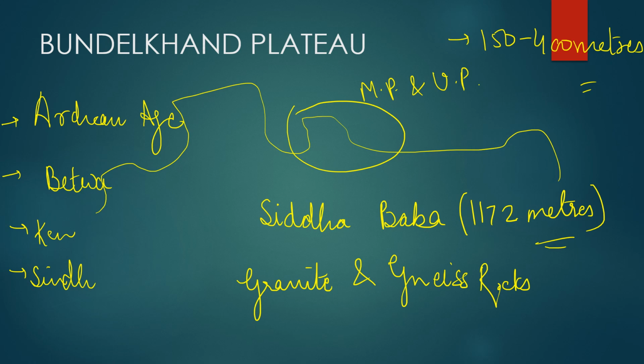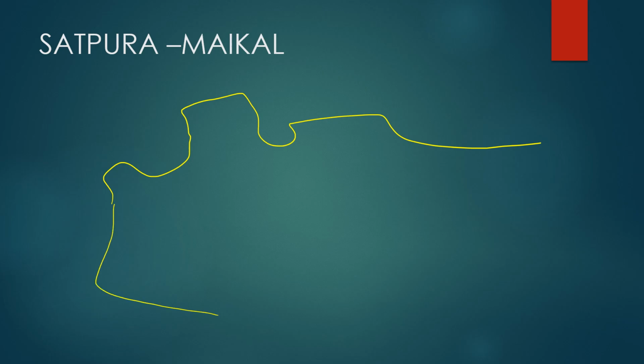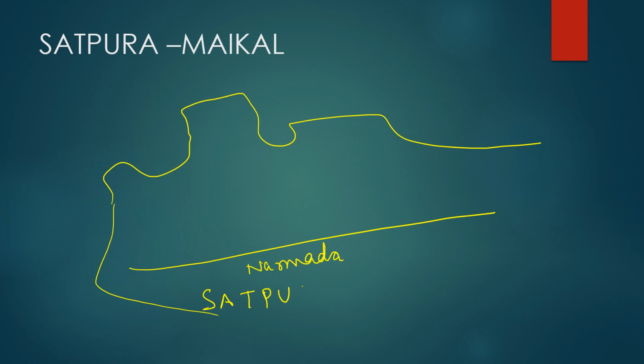Moving to the next one, Satpura Maikal. In the Satpura Maikal range, this is the Narmada Valley. Below this we have the Satpuras. Satpuras are very famous mountain ranges. The name implies that it is formed of seven series.